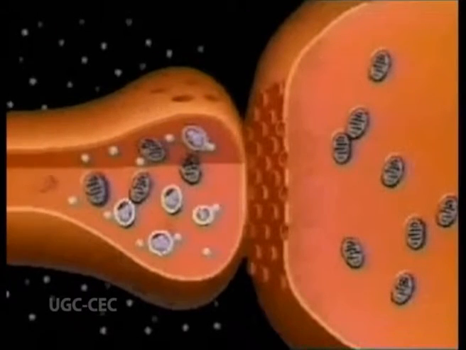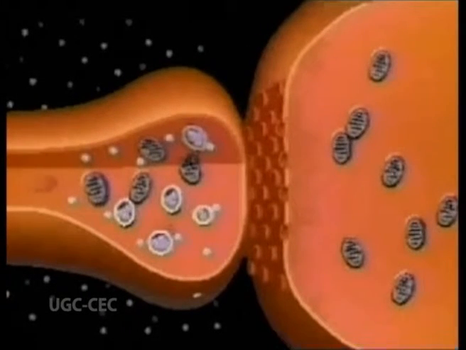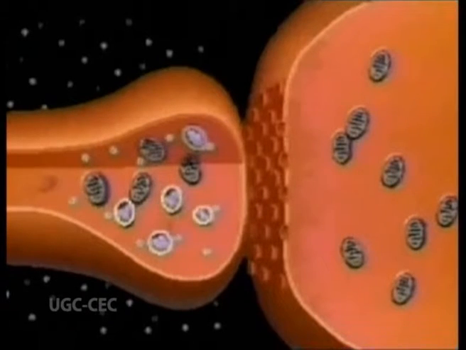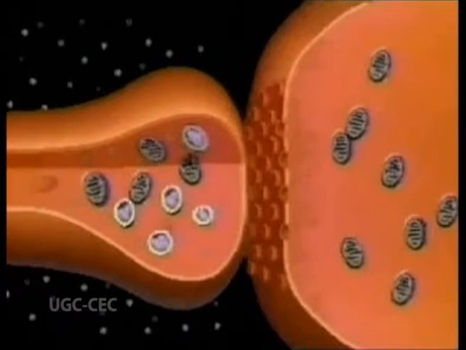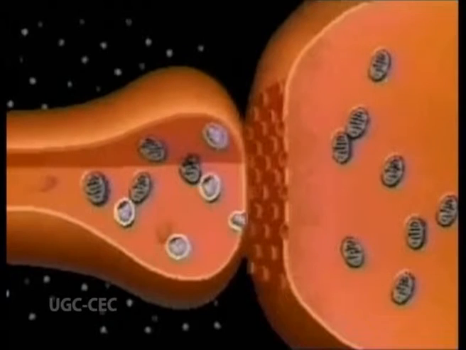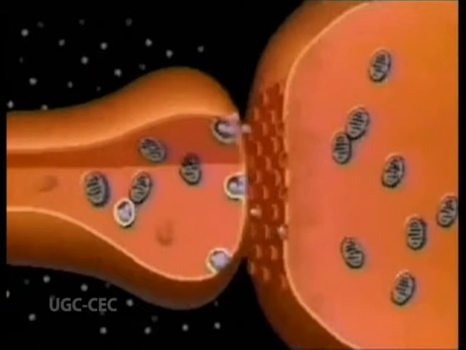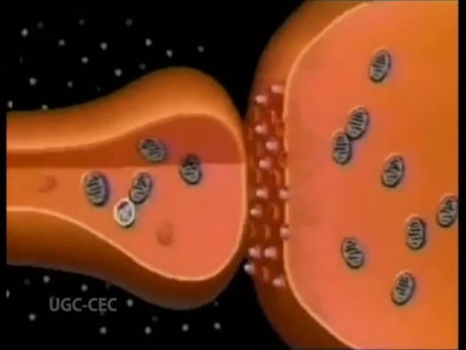Calcium diffuses into the end bulb and activates enzymes that cause the synaptic vesicles to move towards the synaptic cleft. Some vesicles fuse with the membrane and release their neurotransmitters, which is a good example of exocytosis.